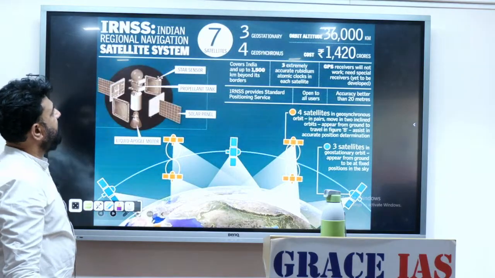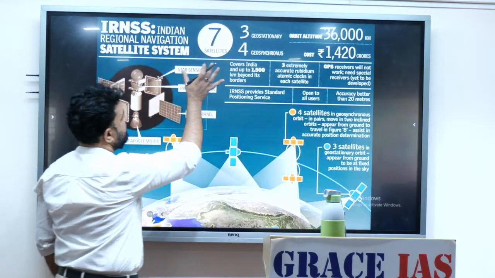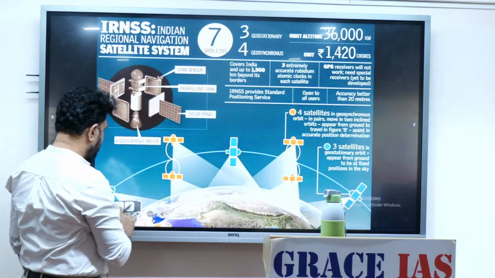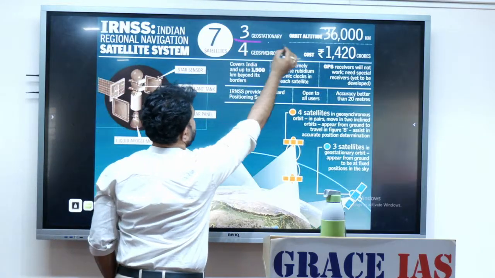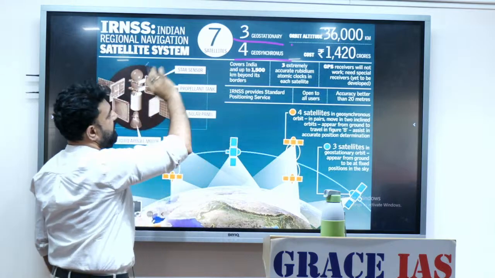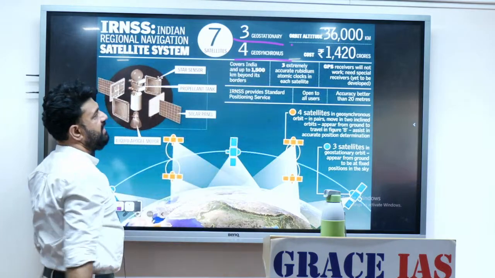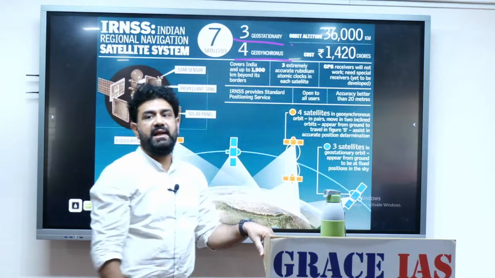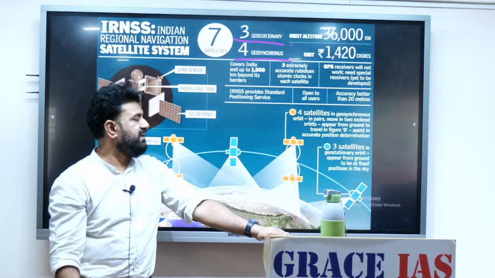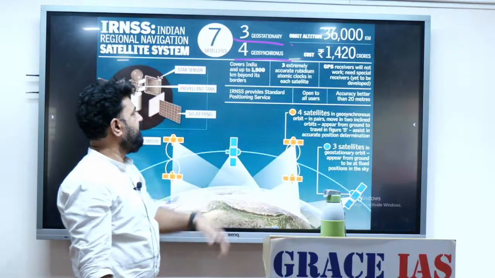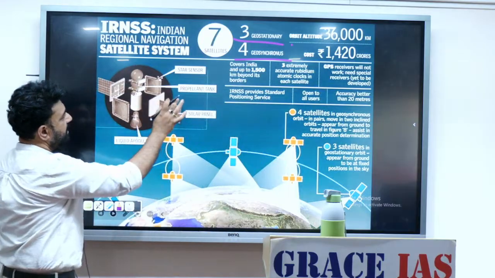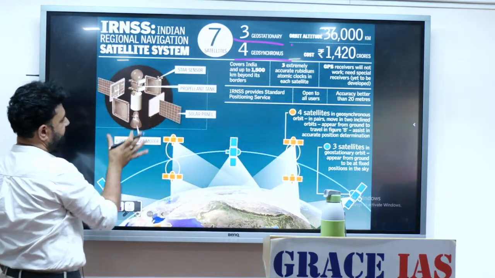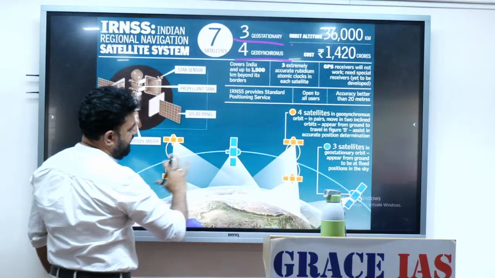Okay, so what do we have? 7 satellites are there in IRNSS: 3 geostationary and 4 geosynchronous satellites. The orbital altitude, that means distance, is approximately 36,000 kilometers from the surface of the earth. Here you can see that a lot of equipment is on it, continuously monitoring the earth.